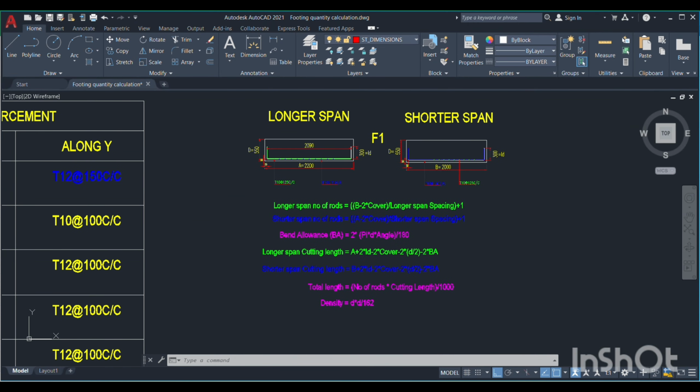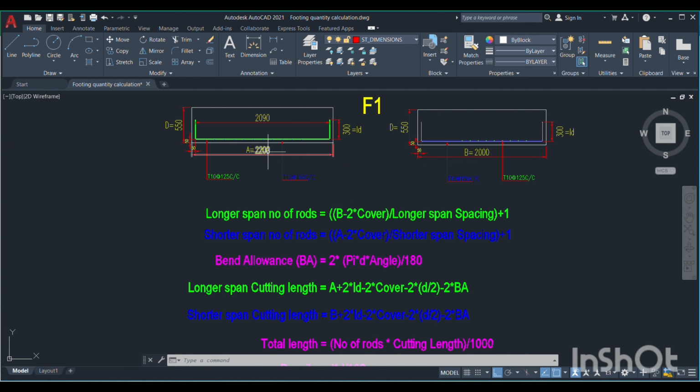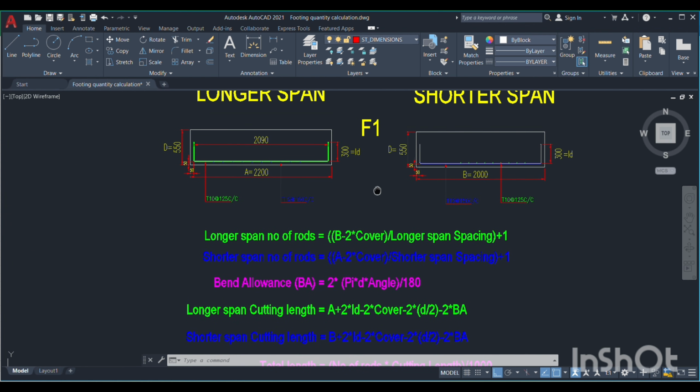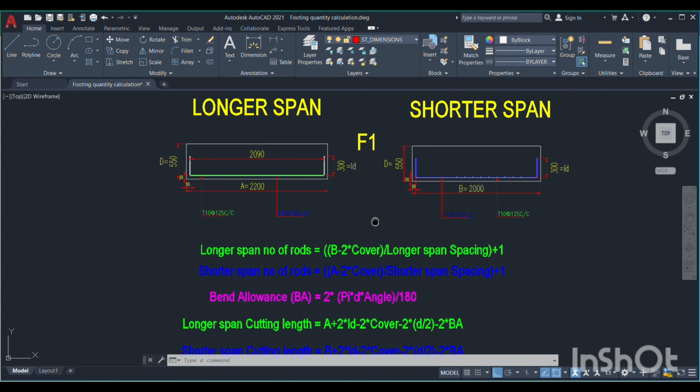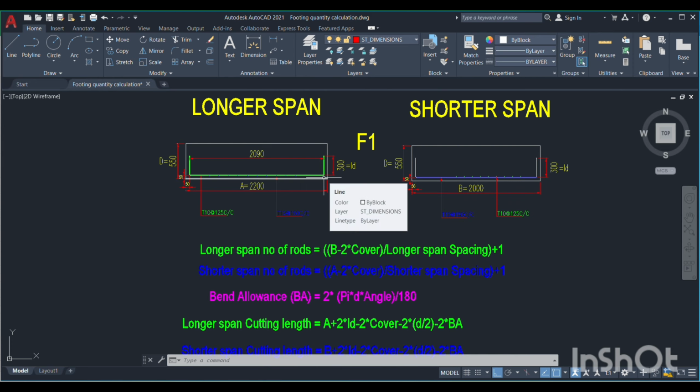And these are the formulas we require to calculate these two reinforcements. Here I have explained clearly, so you can see these formulas. When you are taking the longer span number of rods, you have to take the shorter span length, because the rods are spaced in the shorter span direction.